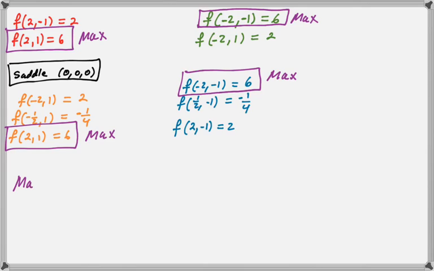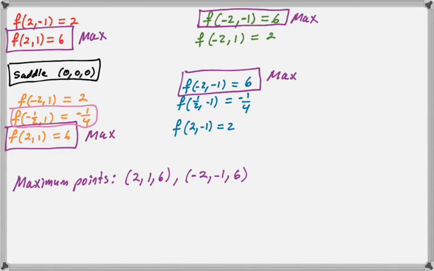All right. So our maximum points are going to be 2, 1, and 6, and -2, -1, and 6. Now the smallest value it looks like we got was -1/4, so we do have two minimums.